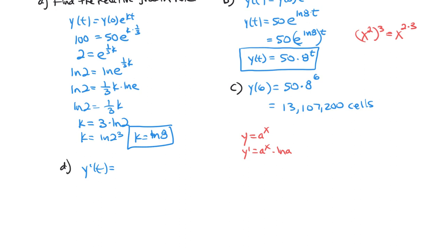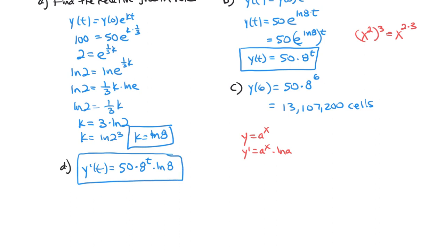That's the general formula that we typically see. So in this case, our variable is t, and our base is 8. The 50 is a constant, so it just goes along for the ride. We get 50 times 8 to the t times the natural log of 8.